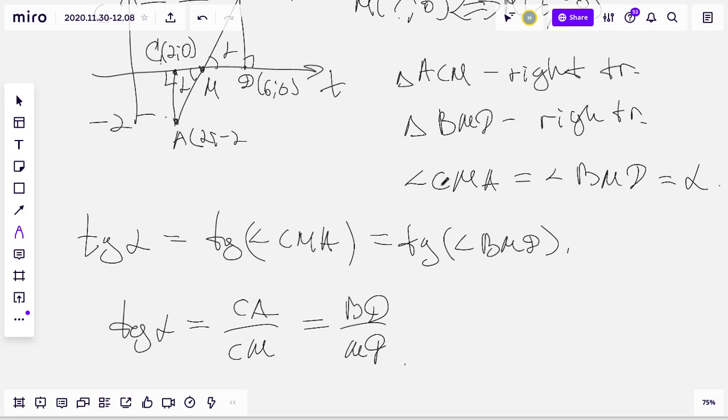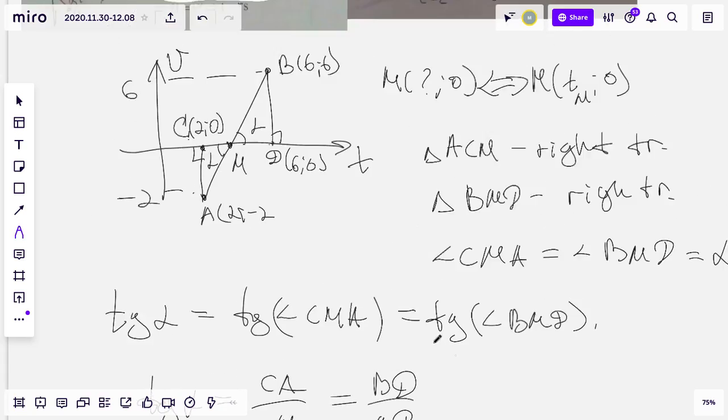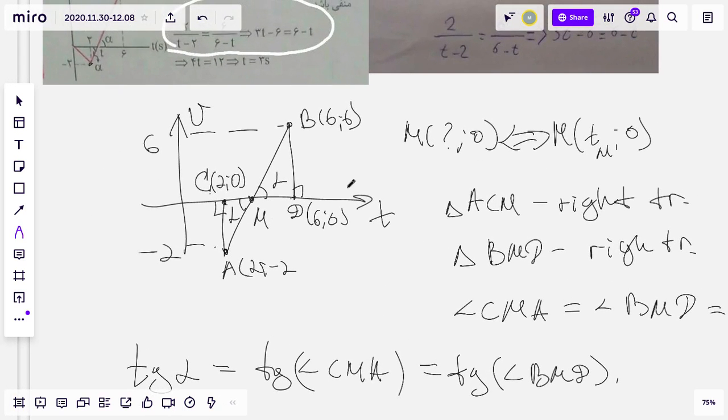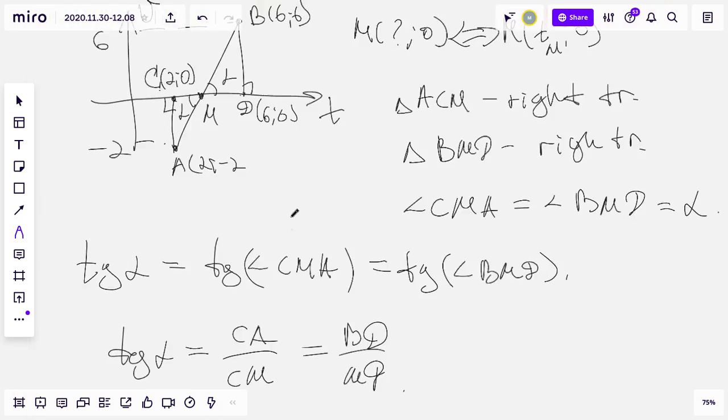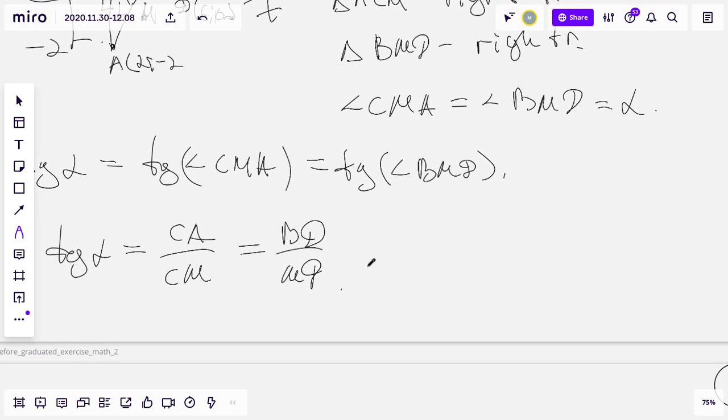Substitute this value of coordinates into the formula of the length of the sides of the right triangle, and we got the next situation.